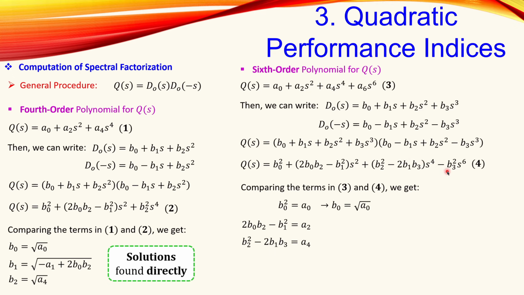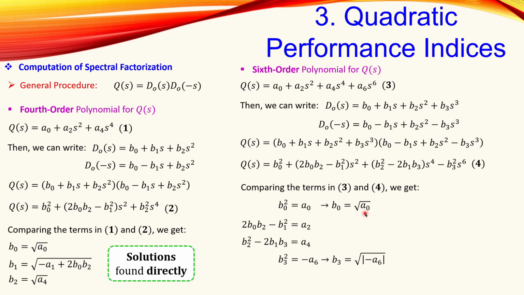And the final one, minus b3 squared, must be equal to a6, or b3 squared must be equal to minus a6. Now, we of course need positive numbers, so we take only the positive value, the absolute value of minus a6.